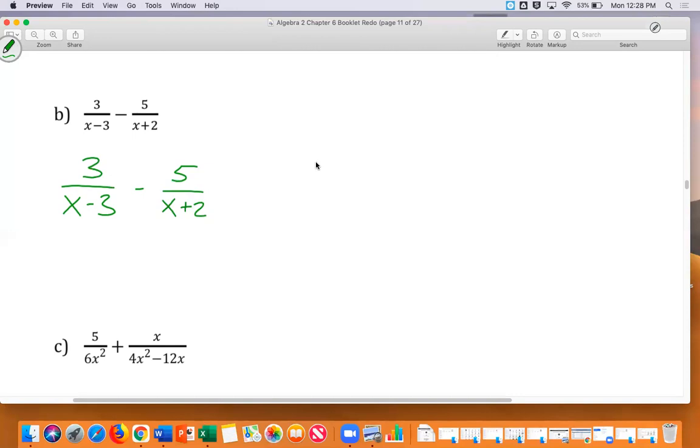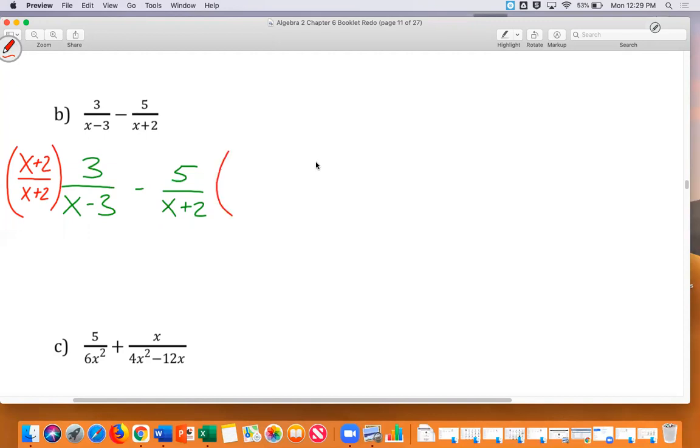When I'm looking at B, what is in the rational expression on the right that's not on the left? Well, that is the x plus 2. Notice on the left, the denominator has an x minus 3, but it was missing that x plus 2. Now on the right, what's missing?